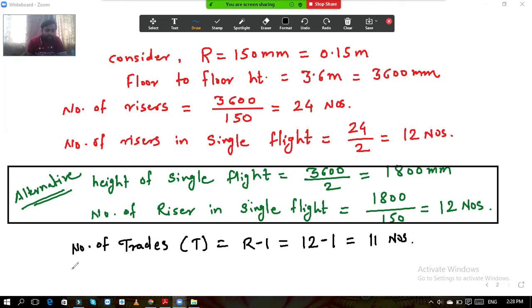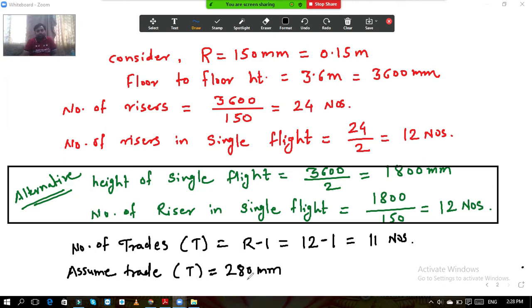So now assume the tread dimension. Okay, so we will assume the tread T is equal to, so we will assume something for a tread, and we will take it as 280 mm tread.